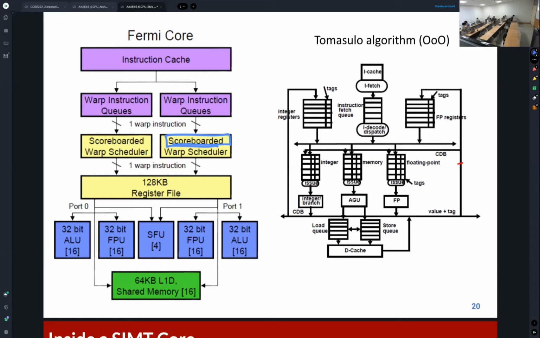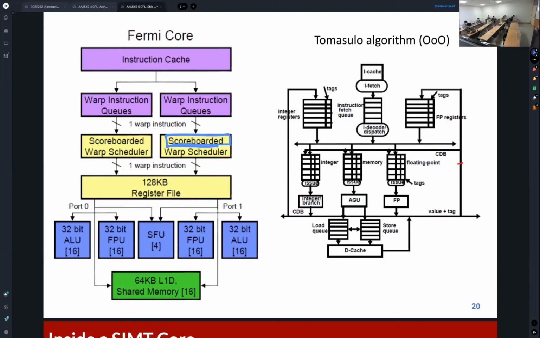And then using the scoreboard, if all the target registers, like the destination register and the source registers, are ready, then the warp scheduler thinks that this warp is ready, and the warp scheduler can schedule this target one.